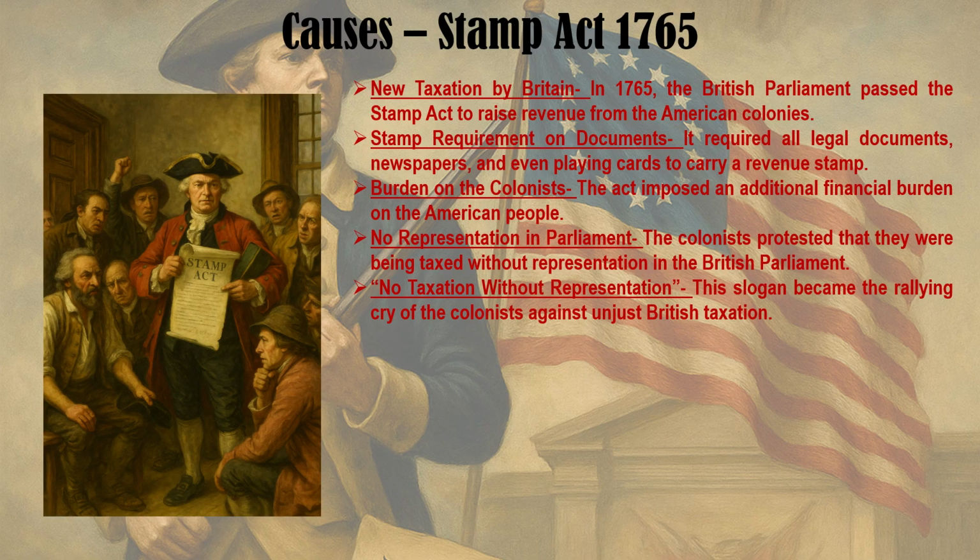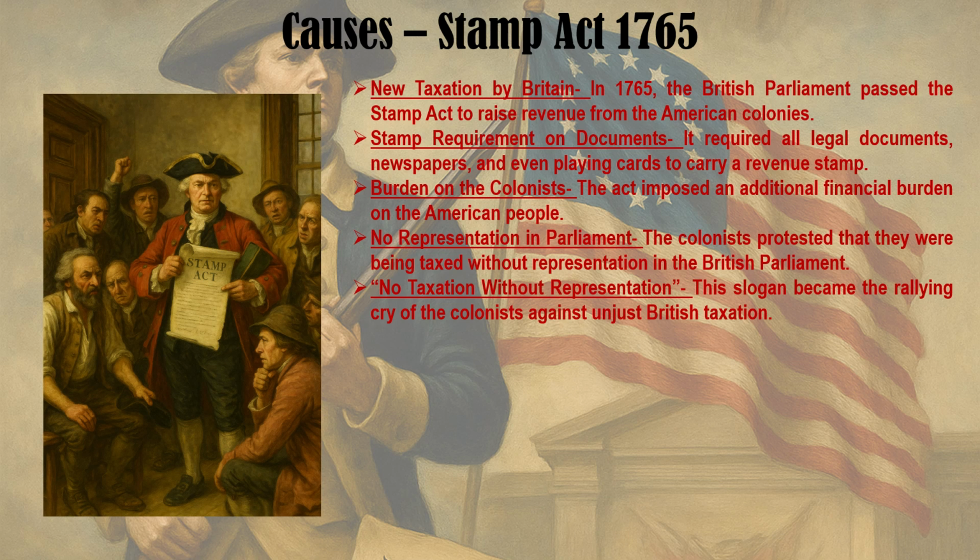No taxation without representation. This slogan became the rallying cry of the colonists against unjust British taxation. So the people in America said that if you don't allow us to be members in the functioning of the government, then you cannot tax us.